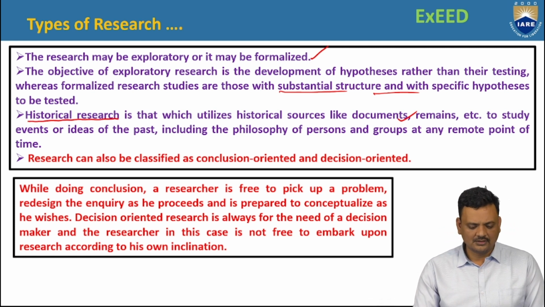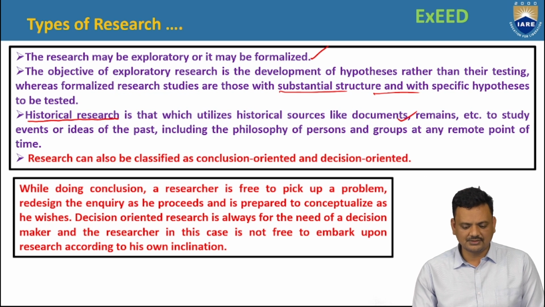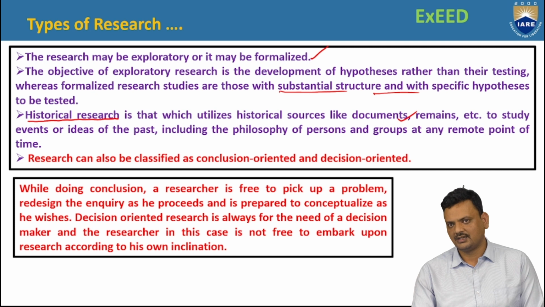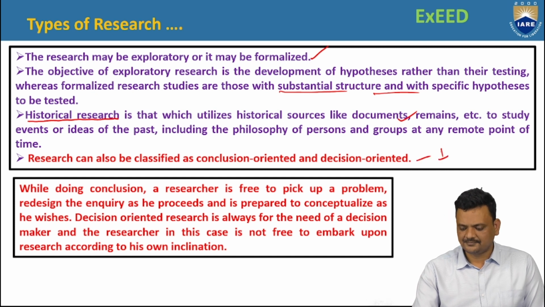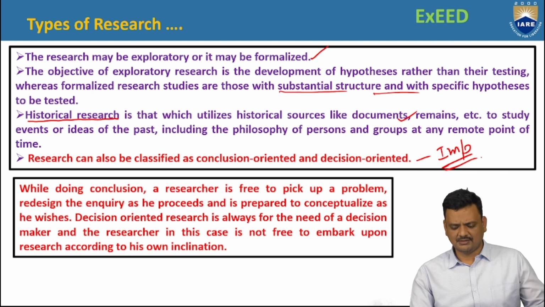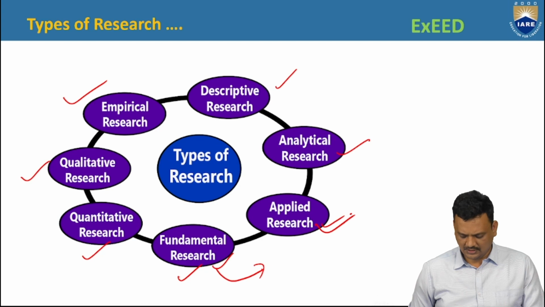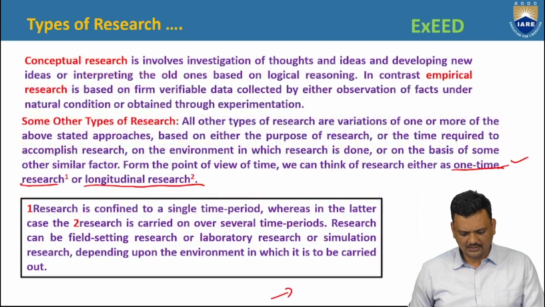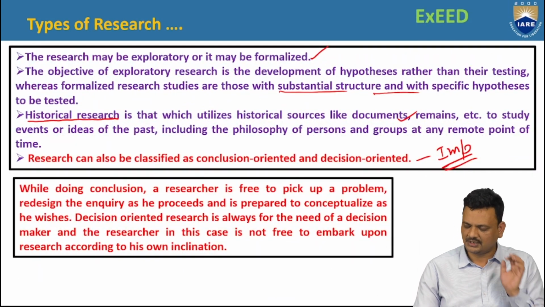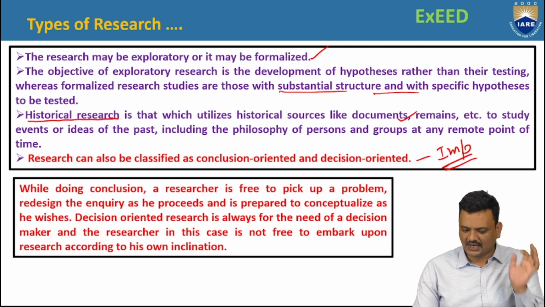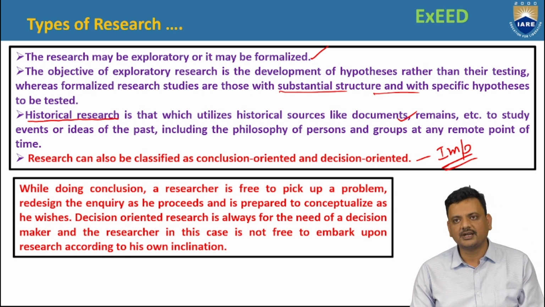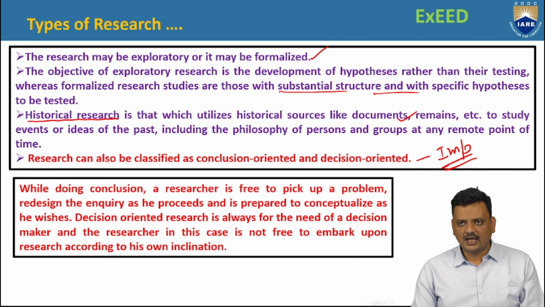Now research can also be classified as conclusion oriented and decision oriented. This is important. There are several types of research, I have already told you, but this is the most important thing. Research can also be classified as conclusion oriented and decision oriented.